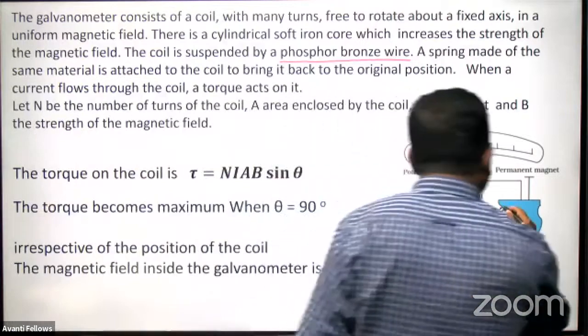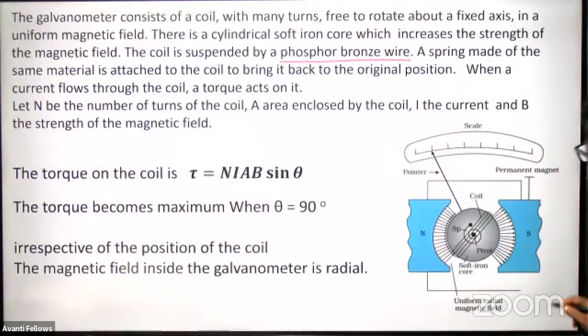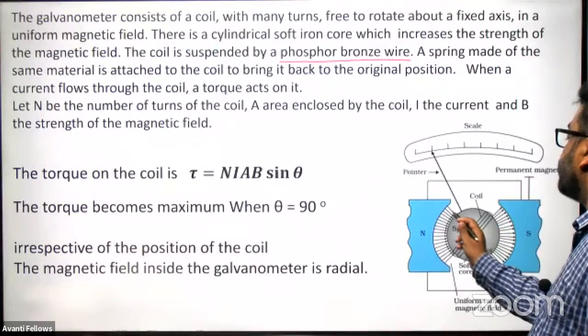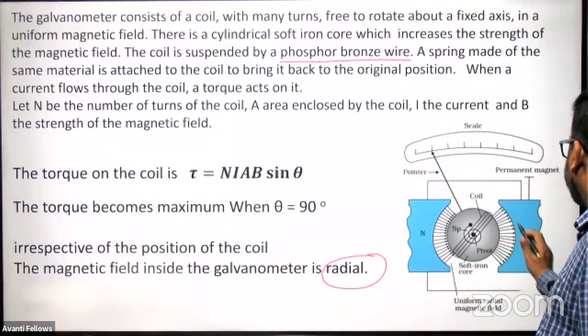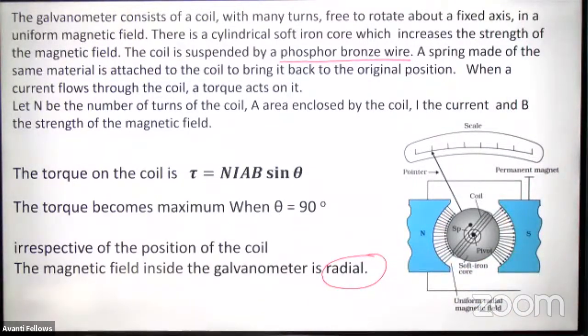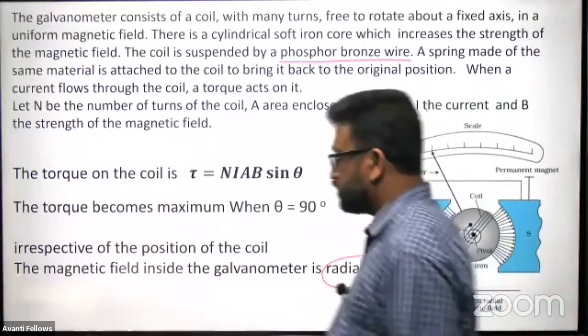See, the shape of the magnet is concave. This is to maintain a radial magnetic field. So the magnetic field is to be radial. To provide the radial magnetic field, we keep the magnets on both sides of the coil in a curved, concave shape.